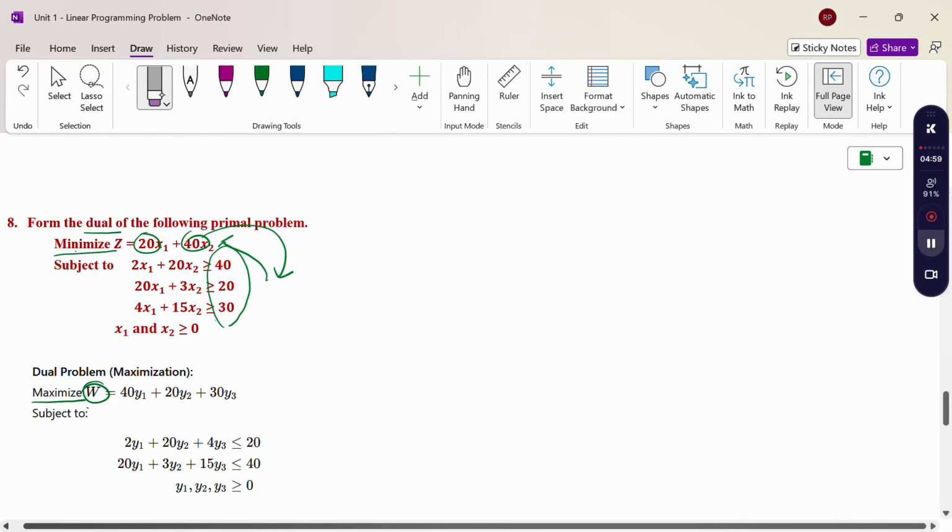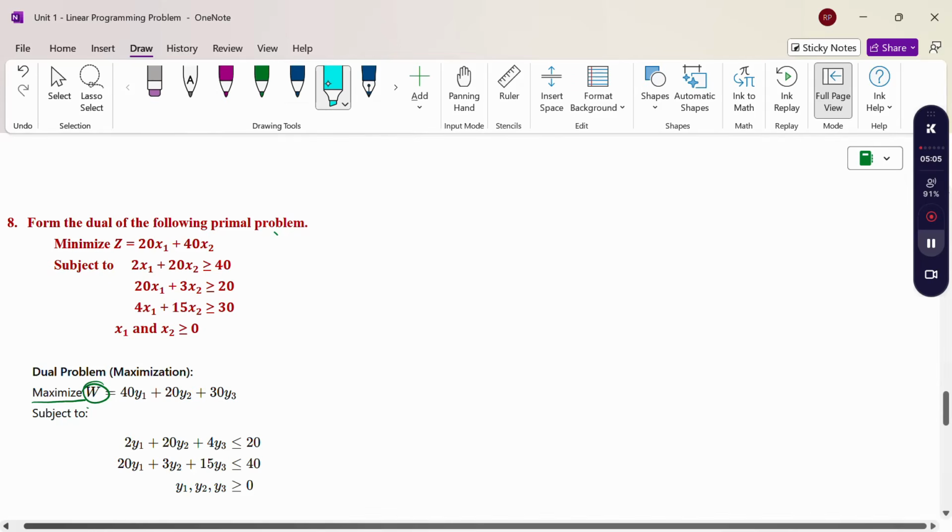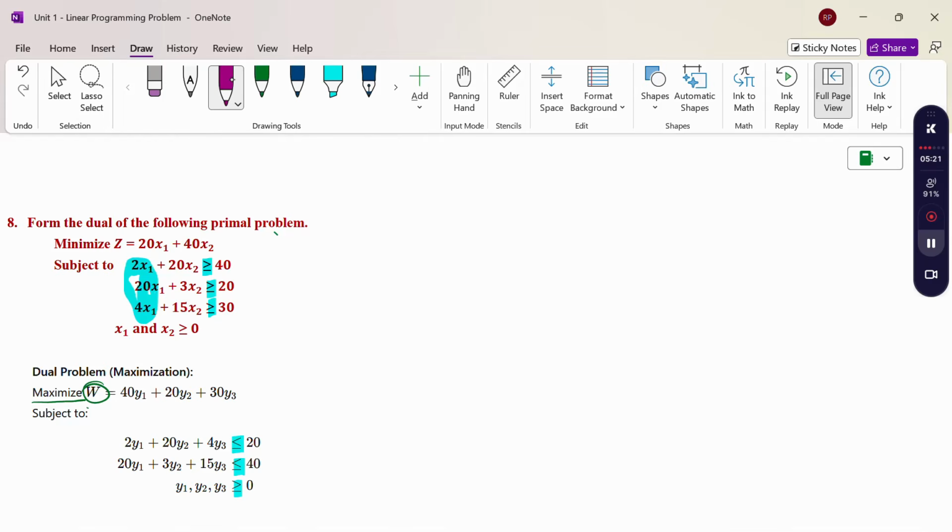Next, the greater than or equal to constraints change into less than or equal to. Now for the values, each column of the constraints gives one dual constraint.